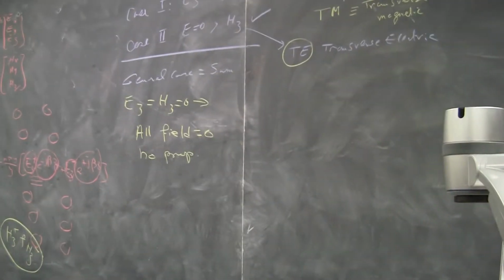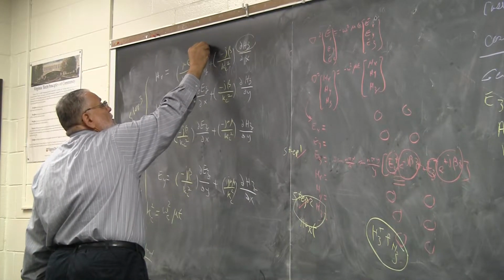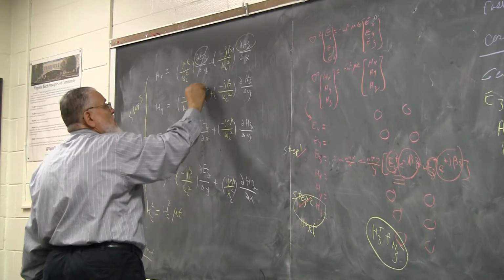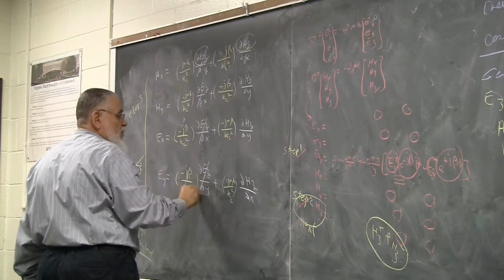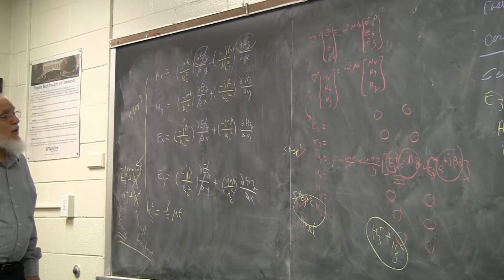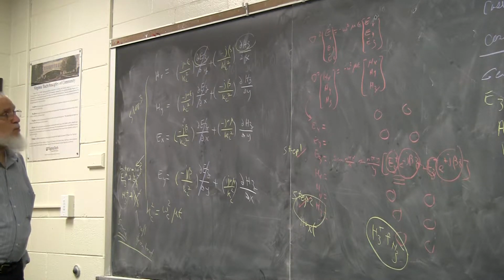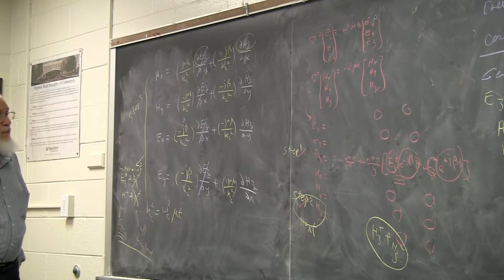The TE solution means E sub z is 0, right? We have simply our expressions for the magnetic field.